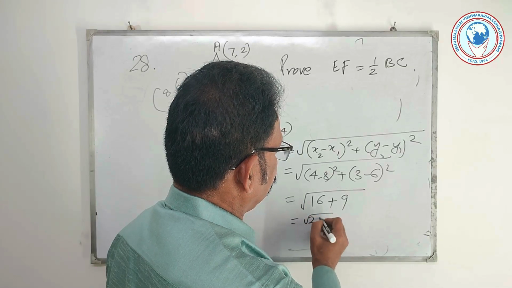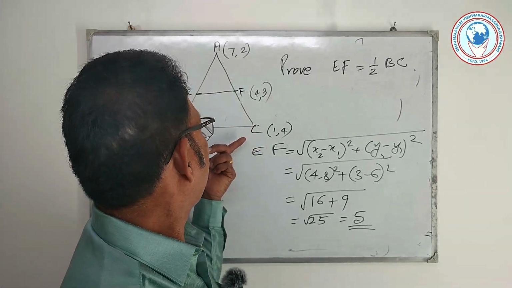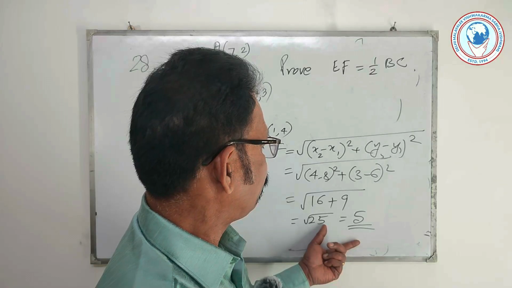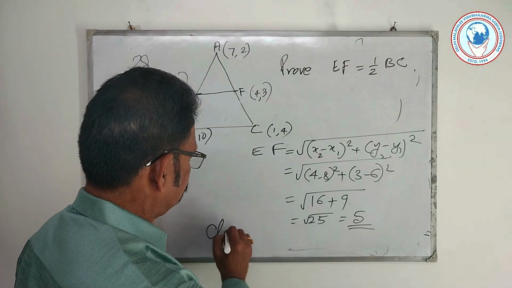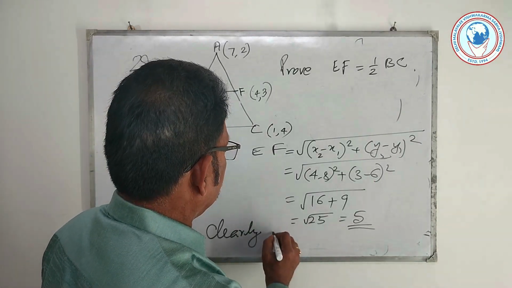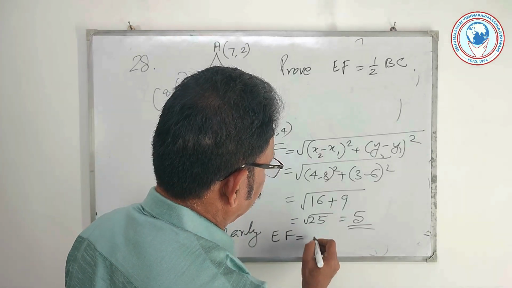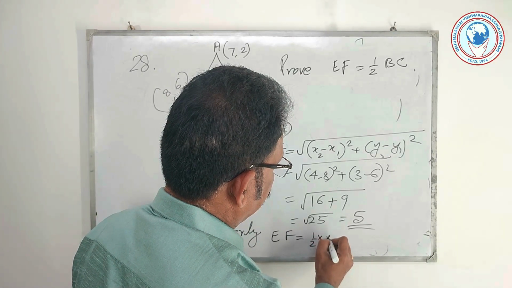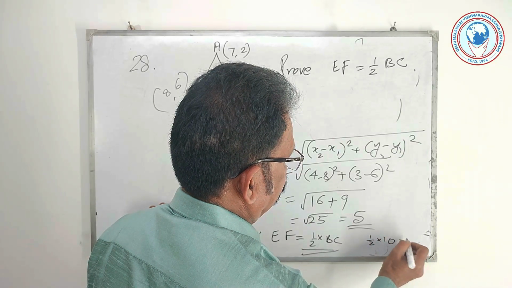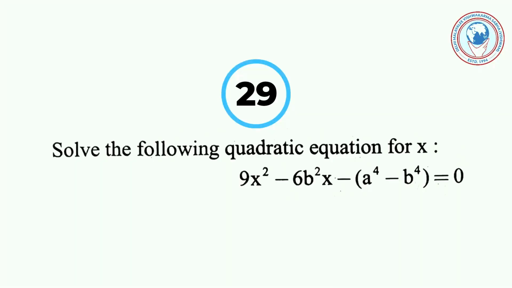So root 25, which is equal to 5. We got BC as 10 and EF is 5. Clearly, EF is equal to 1 by 2 BC. That is 1 by 2 into 10. Hence it is proved.